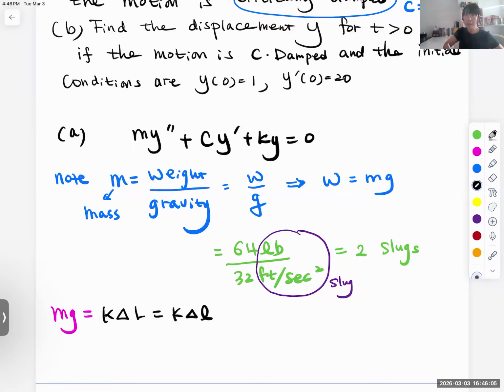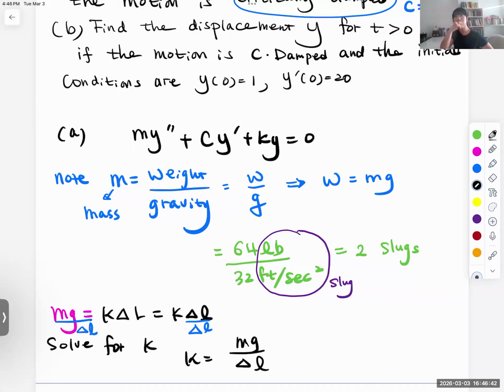So we solve for k: divide by delta L on both sides. So k equals mg over delta L.